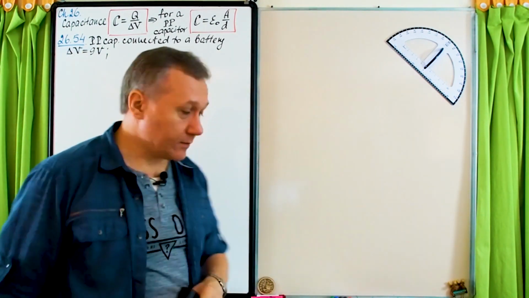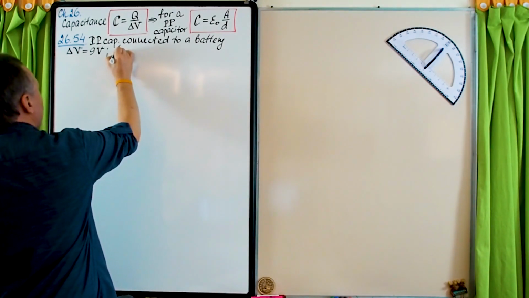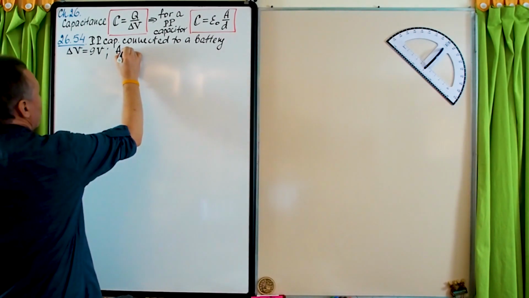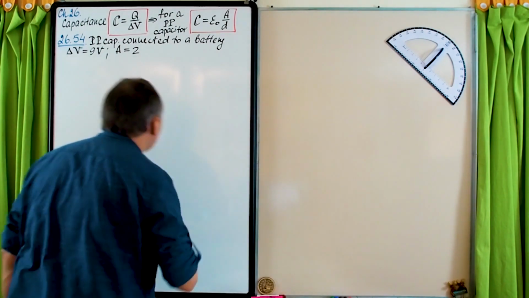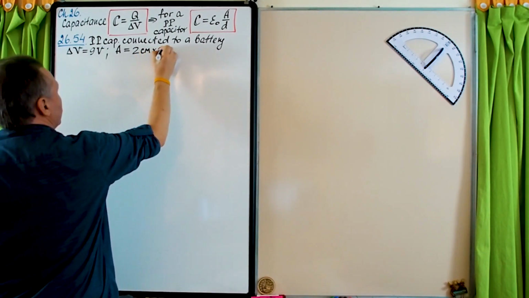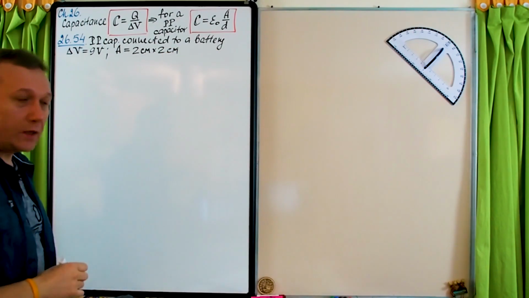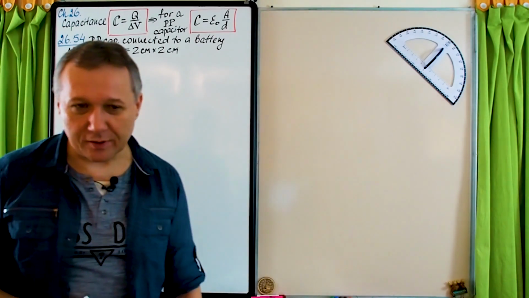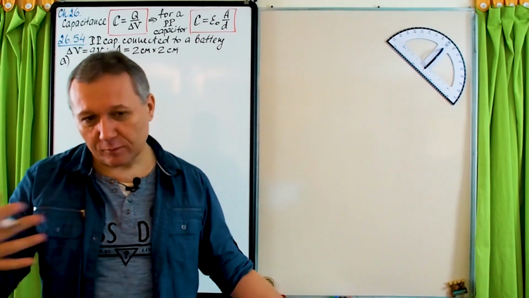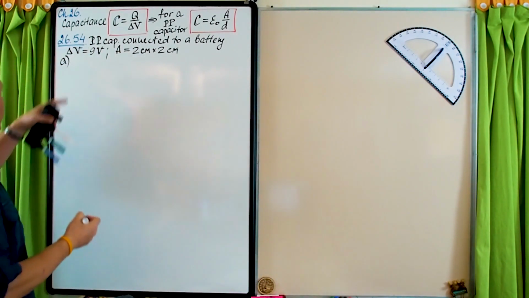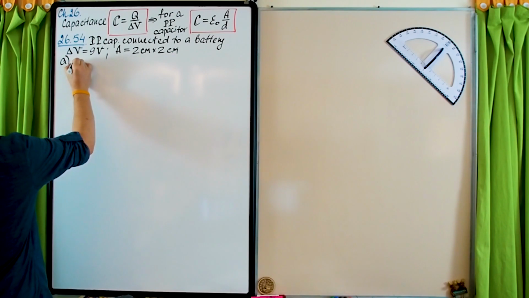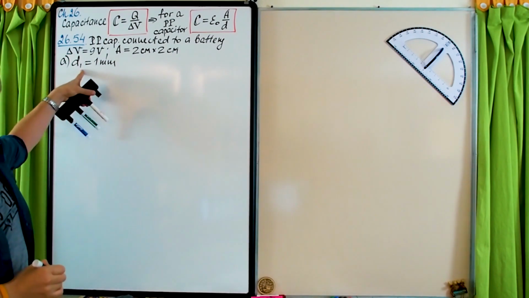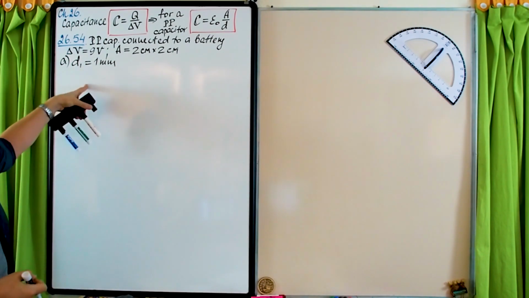The area of a plate of the capacitor is 2 centimeters by 2 centimeters. Now let me put part A, because the next parameter will be different for part A and part B. So I will write under this sign: the spacing between the plates is 1 millimeter. I put a subscript 1 because it's for the first part, part A.